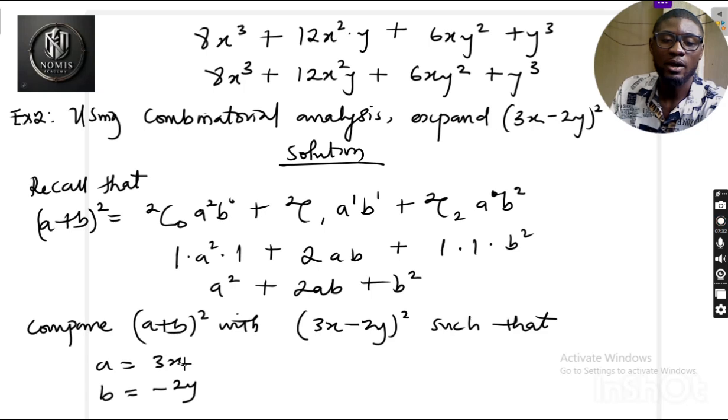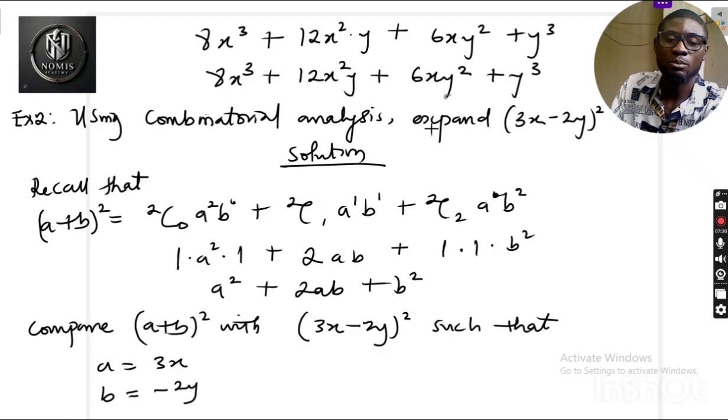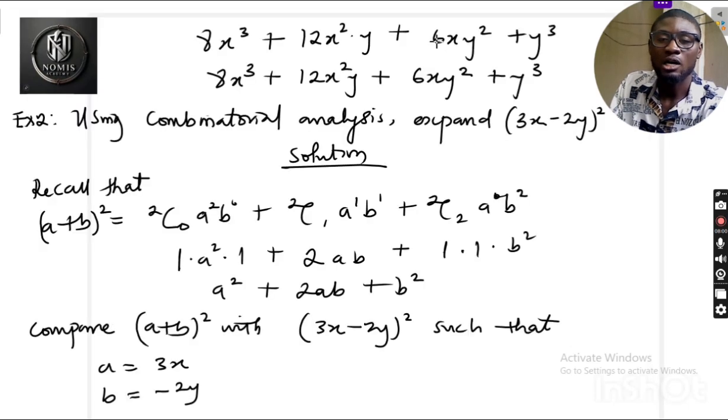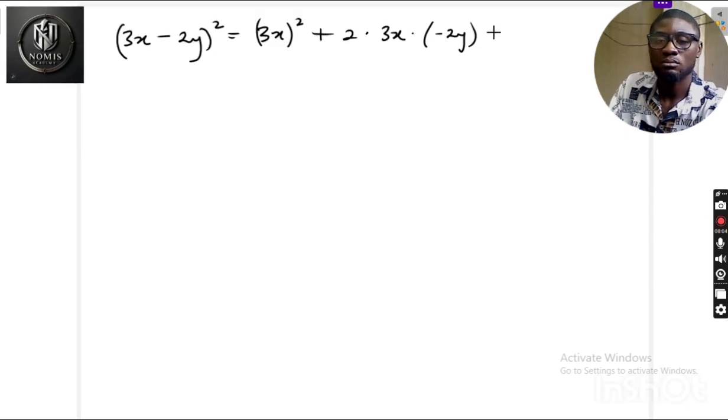Our a is 3x, so 2 multiplied by 3x multiplied by our b, which is minus 2y. You must be very careful to include this minus as it is important in the calculation. So plus b squared. Remember, b is minus 2y, so plus (minus 2y) all squared.